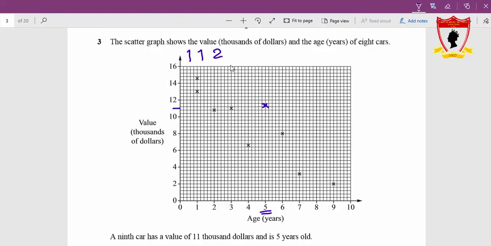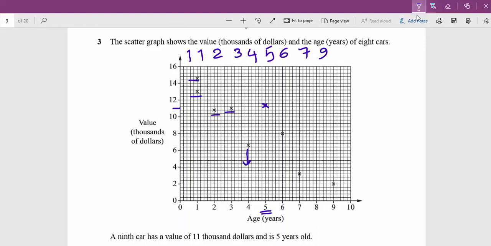Another car is 3 years old, this one. Look, we covered all of these. This car is 4 years old. This car is 5 years old. This car is 6 years old. This one is 7 years old. And the last one is 9 years old.